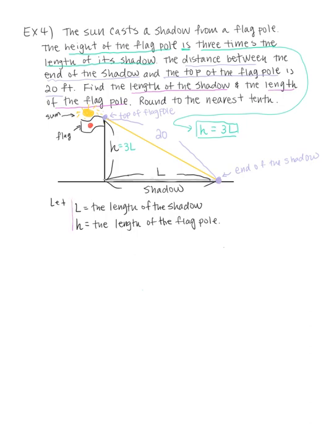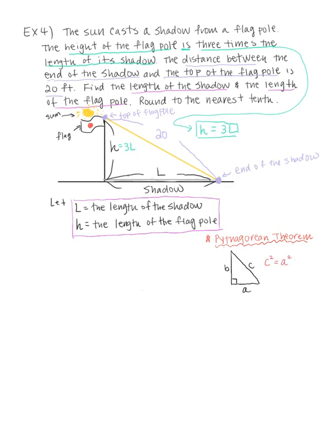So let me just box what we're after. We're after L and H. Now to do this problem, we need to use the Pythagorean Theorem. The Pythagorean Theorem says that given a right triangle, our hypotenuse, which will be c squared, better equal a squared plus b squared. Please memorize the Pythagorean Theorem.